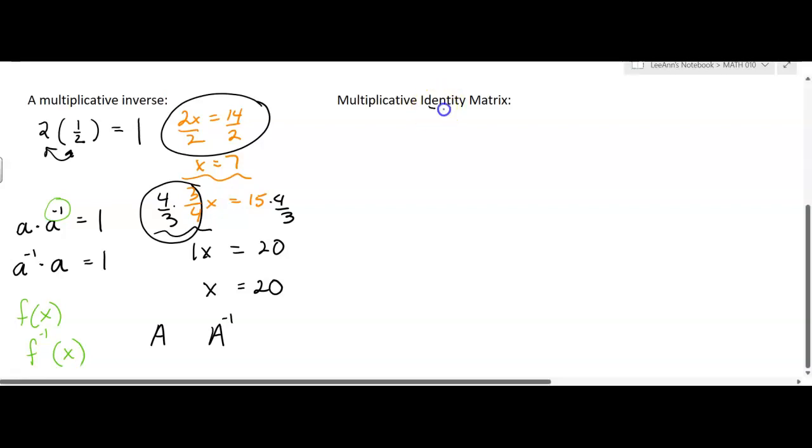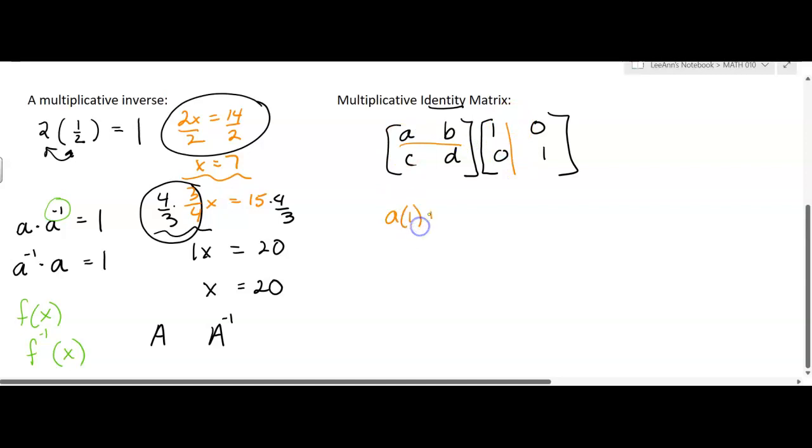Now we're going to talk about identities. How do you get an identity in matrix multiplication? Well, here's how it works. So if I have a little matrix, A, B, C, D, and I'm just going to tell you what the identity looks like. It looks like 1, 0, 0, 1. Because what happens is when I multiply the first row times the first column, I get A times 1 plus B times 0.